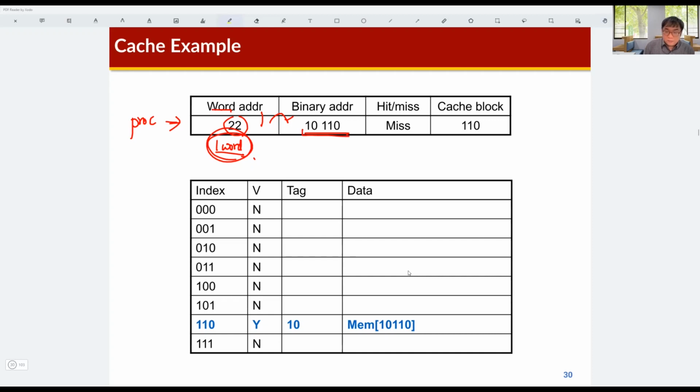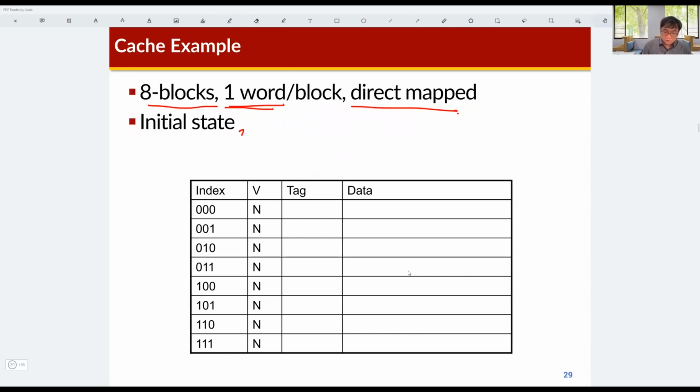If we see this address, the lower part of the address is used as the index, and the upper part is the tag. What does that mean? With the index number 110, we check cache block 110, but it was invalid.